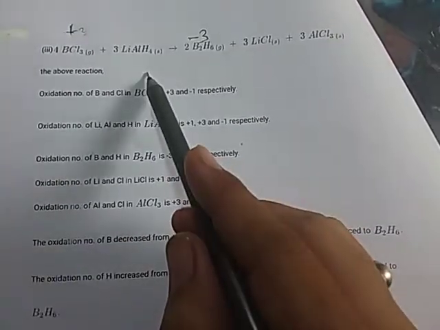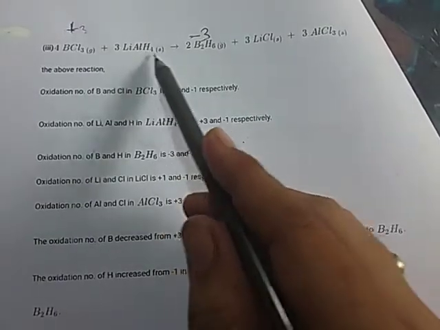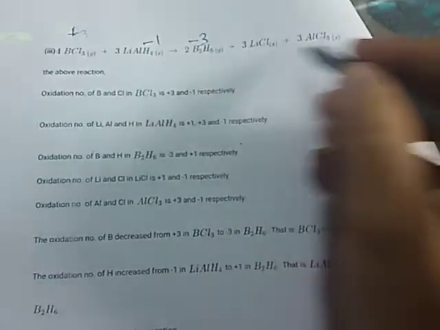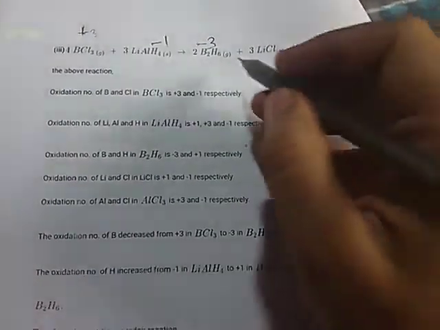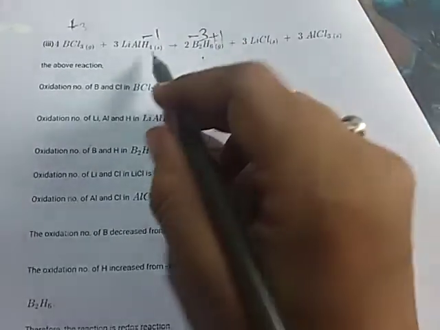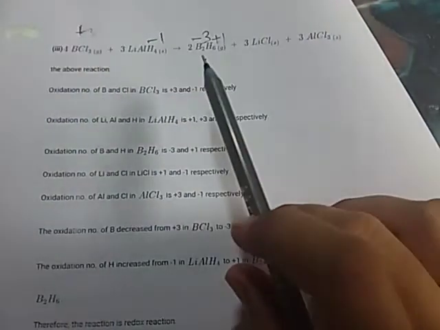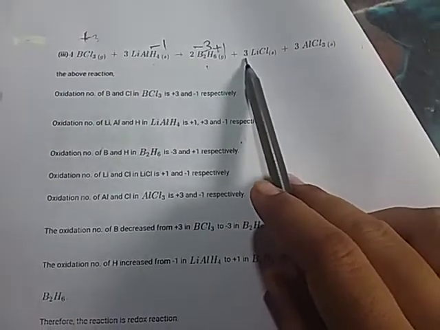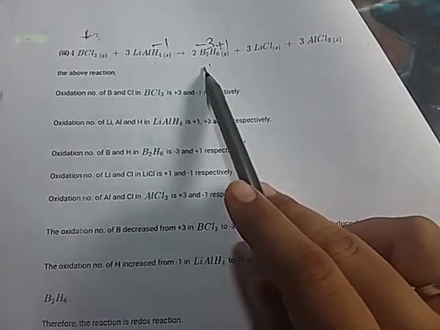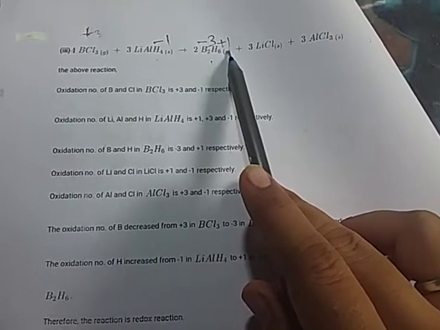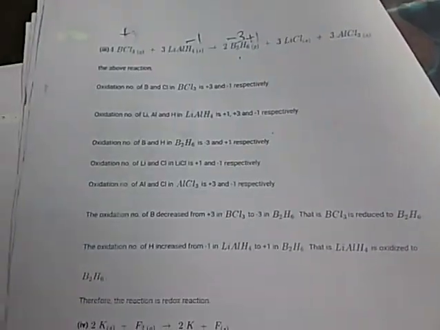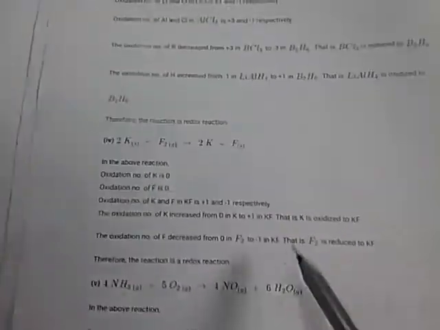And here you see the oxidation number of hydrogen increases, from minus 1 to plus 1, which is loss of electrons, that means oxidation. So reduction and oxidation both occur. So this is a redox reaction.